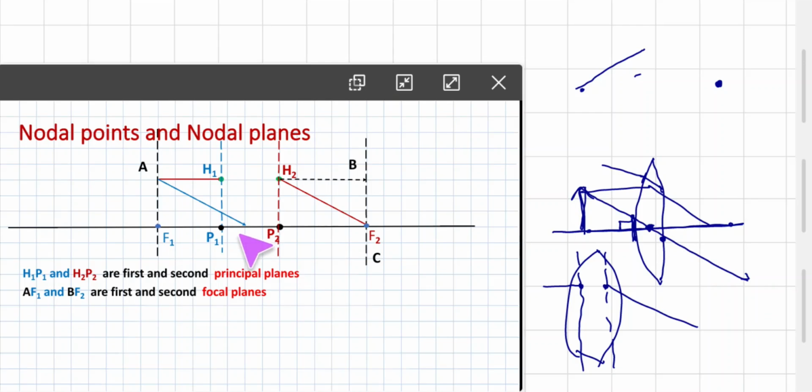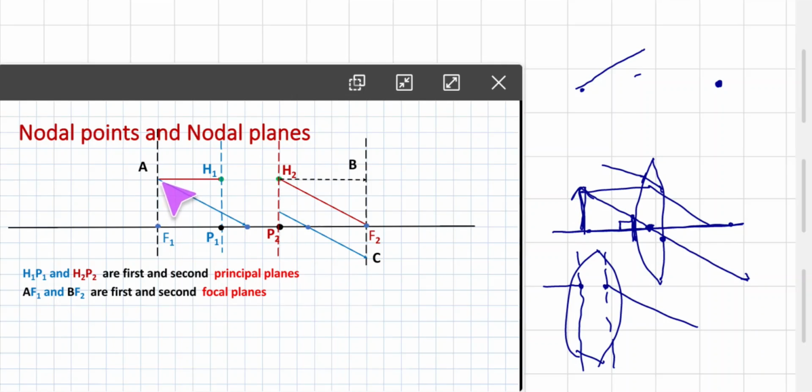So there must be a corresponding point on the principal plane such that the ray will emerge out with no change in angle. So the corresponding ray is coming out from this. Remember that these are parallel. That is important. Here it is a plane and here is another principal plane, P1 and P2.